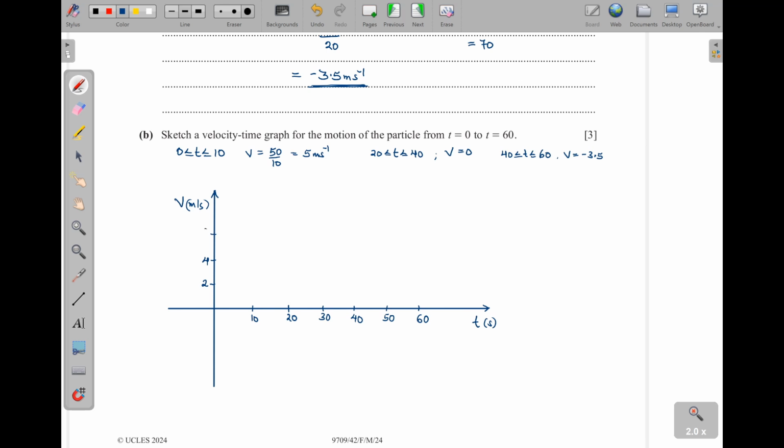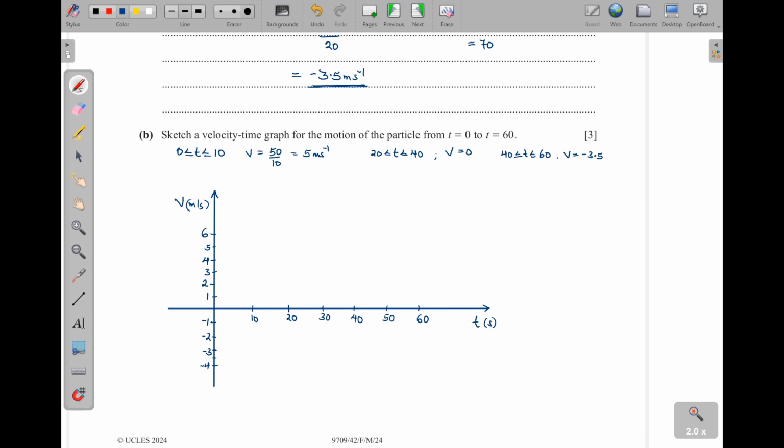If this one is 6, then 5 will be in the middle. If I want, I can add those ones there. Then there is negative 1, negative 2, negative 3, negative 4, then negative 3.5 will be here.